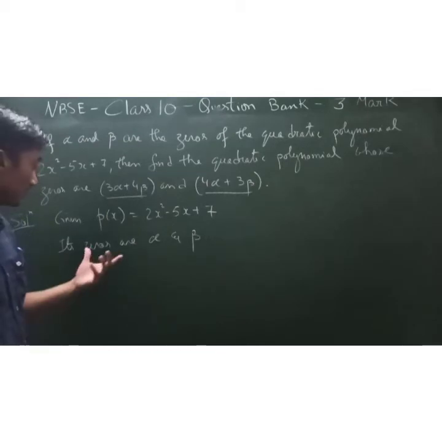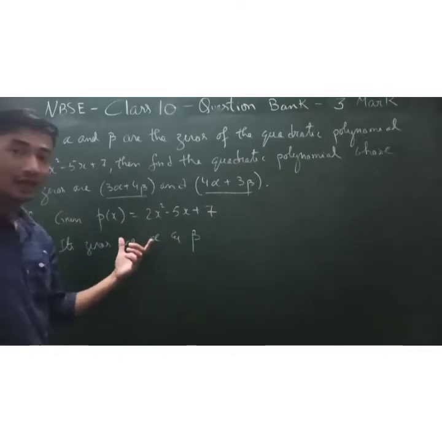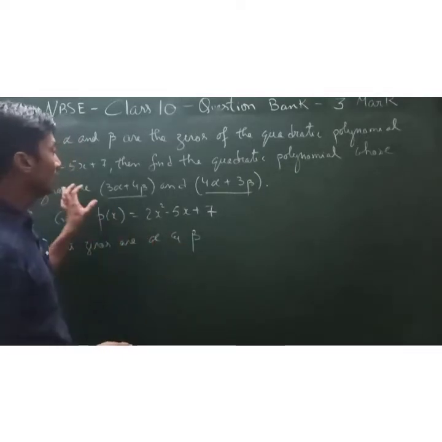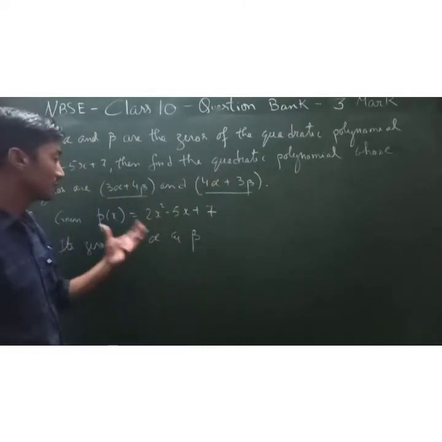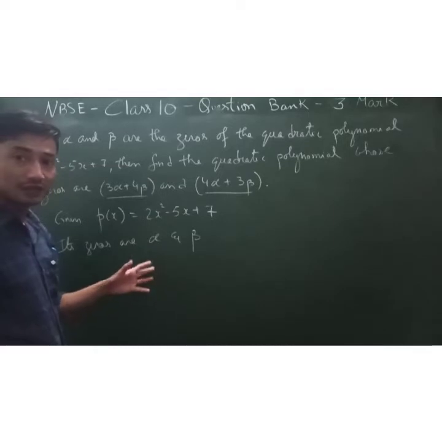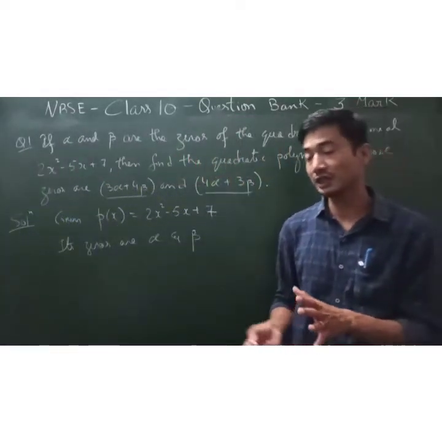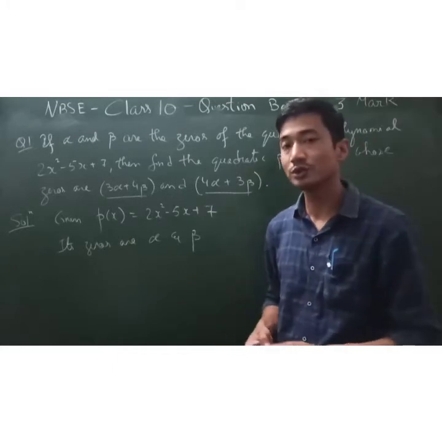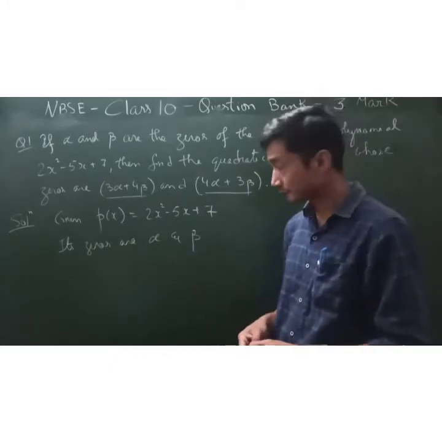The zeros of the given polynomial are alpha and beta. So that's why they give us this condition, because the new zeros that we have are linked with alphas and betas. So definitely there must be a reason why they've given us the zeros to be alpha and beta. They want you to use this condition, so we will see what can be done.